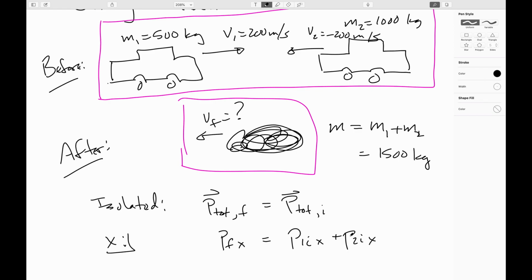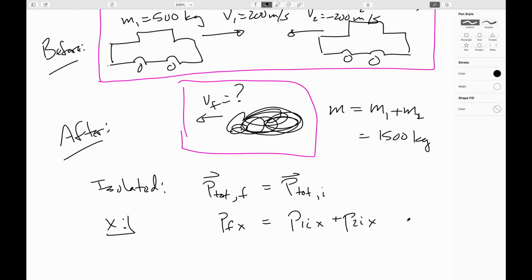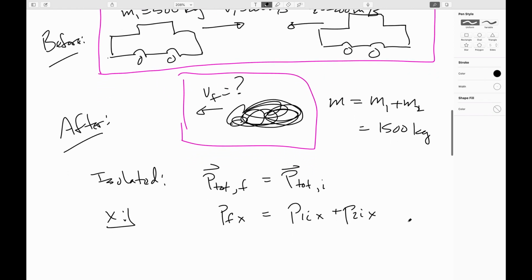But hey, they're all moving in just the x direction, so we don't have to worry about continuing to write x subscripts. Afterwards, there's one object, mass m, velocity v final. Now, here I am not writing a minus sign in front, even though we know that it's going to the left, and this is because we're making the choice to use implicit signs.